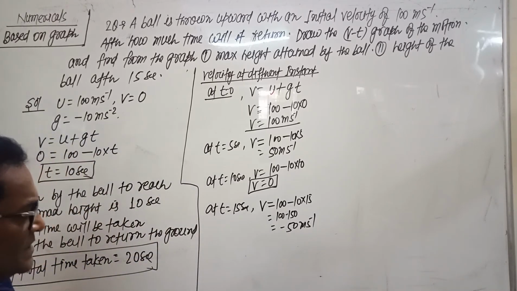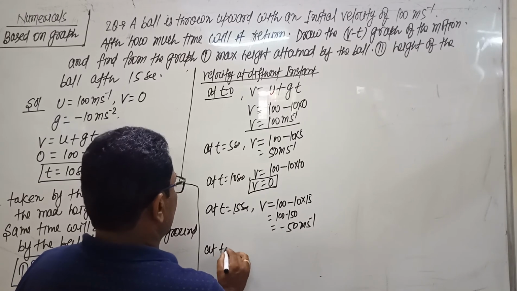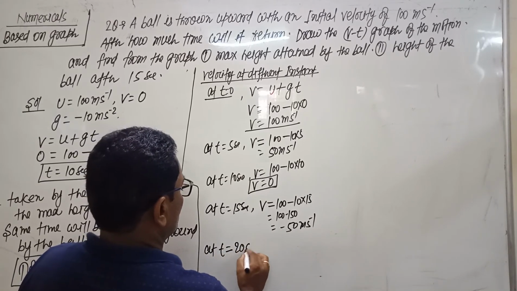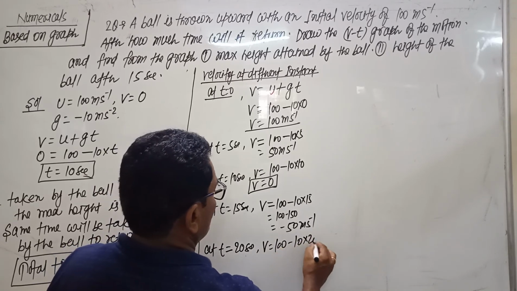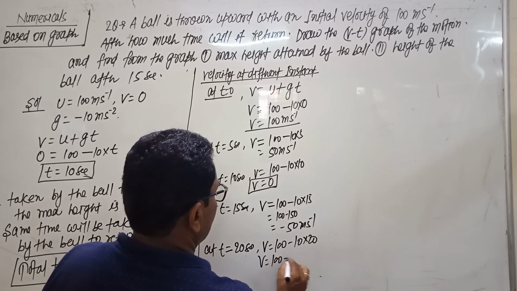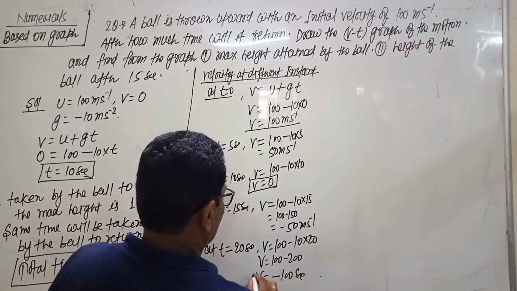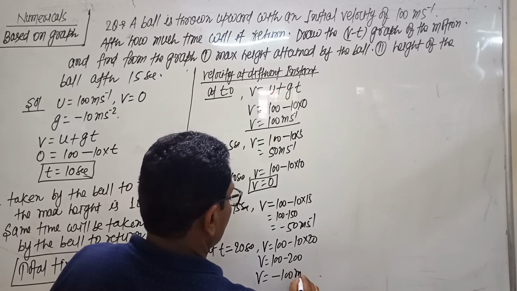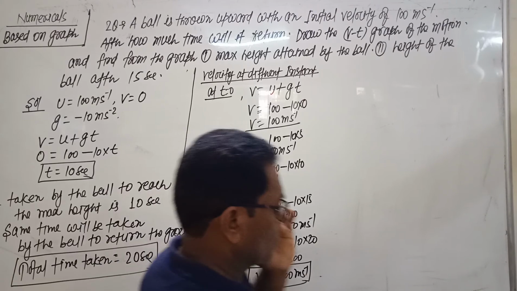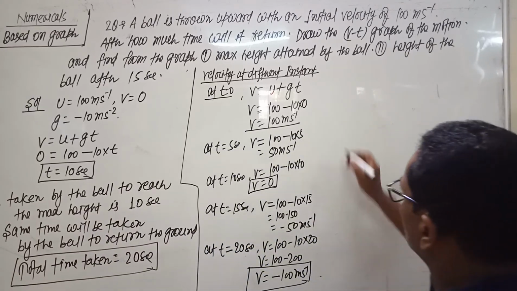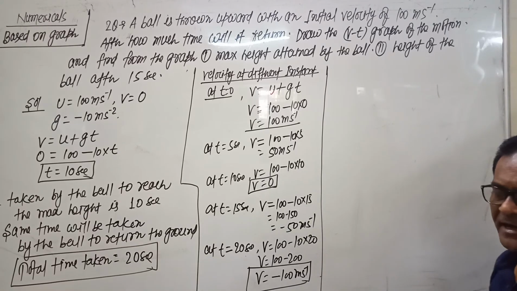At t equals 20 seconds, v equals 100 minus 10 into 20, so 100 minus 200, velocity is minus 100 meter per second. So it will hit the ground with the same velocity with which it was projected.